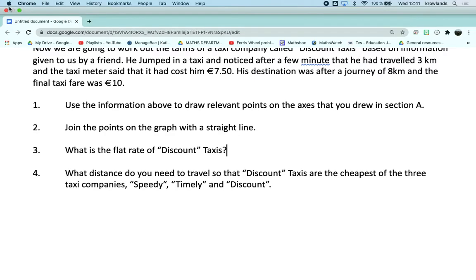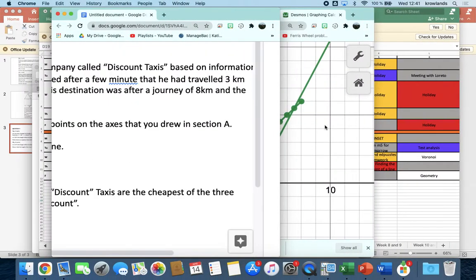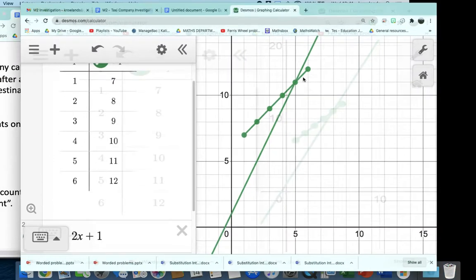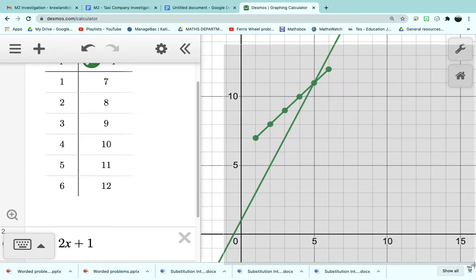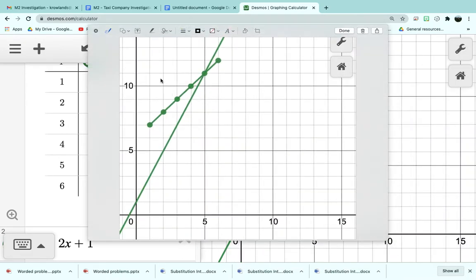Again, with this, you would have a look at the graph and explain at what point it becomes cheaper. If I was comparing these two graphs, let's say taxi company 1 and taxi company 2, taxi company 2 would become cheaper after 5. So I could write this using an inequality.